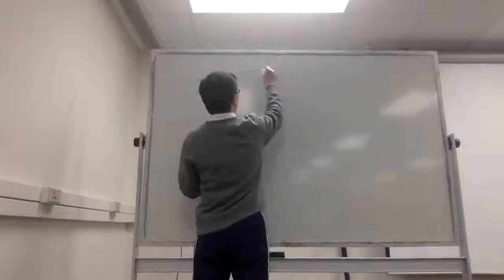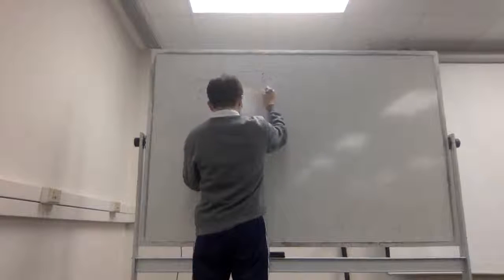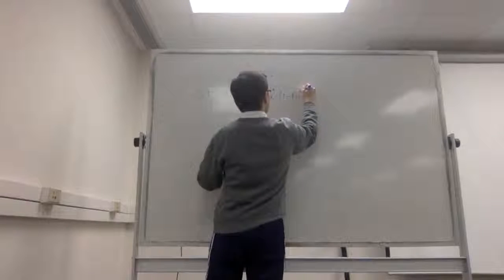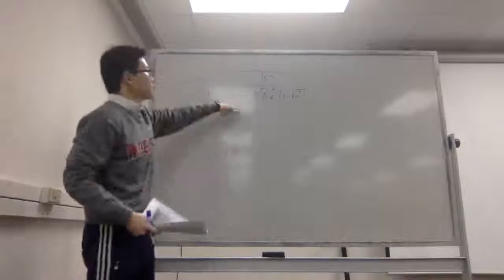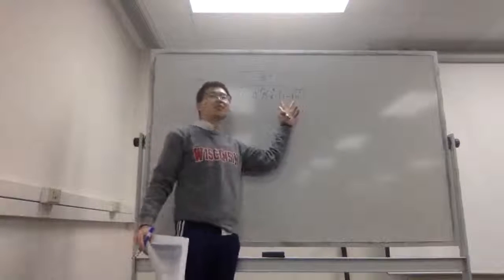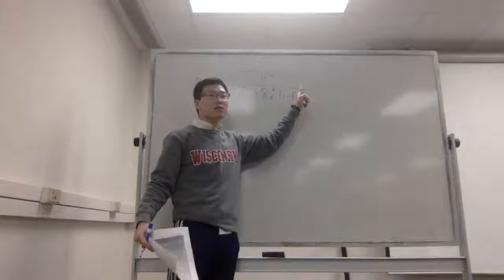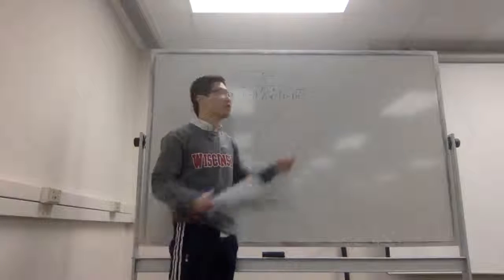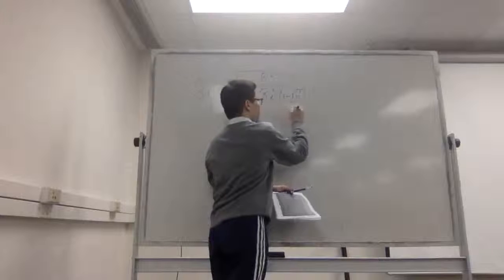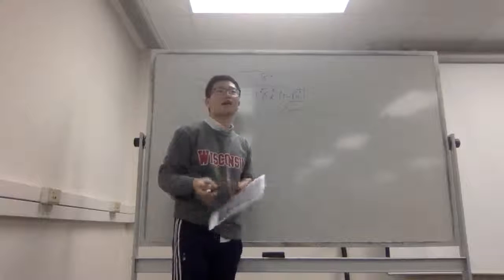x2. The formula looks like this. It's basically the same, but with the added component here: 1 minus R12 squared. R12 is the correlation between x1 and x2. Okay?